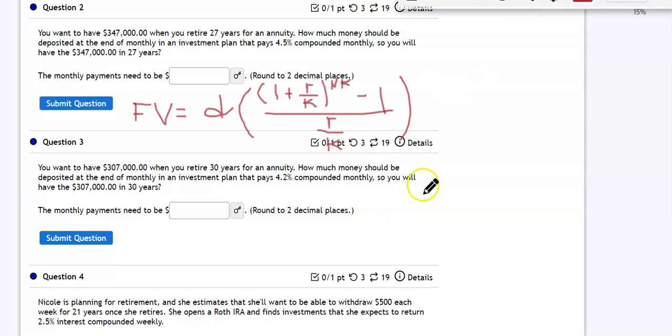Okay, so if we put the 307,000 on the left side of the equation, and we don't know how much we're going to deposit, so we're going to have to solve for D, but let's fill in the rest. I may have the problem of running out of the window again.